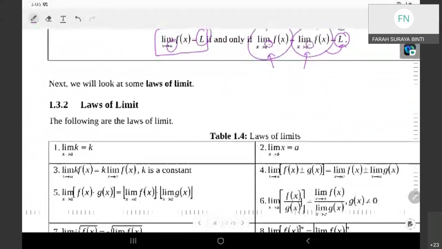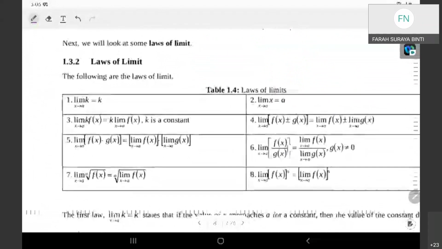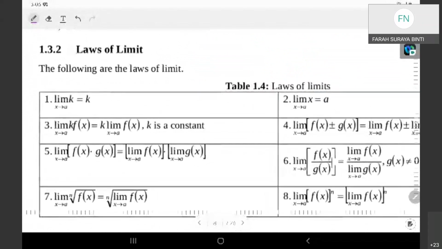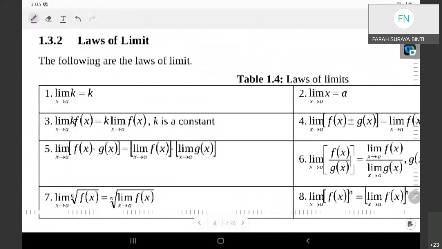Okay, so kita tengok law of limit dekat sini. Apabila awak jumpa limit x approaches a to any numbers, function dia k tu adalah any number, so it is equal to k. Let's say, contohnya lah, limit x approach to, function dia 3.